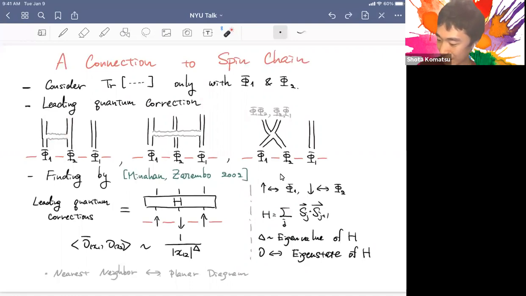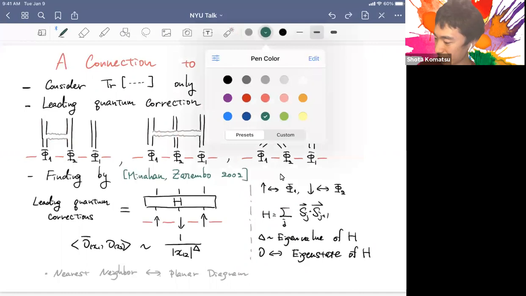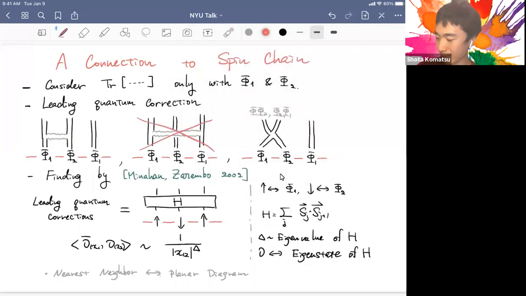And you might think that you can also draw this kind of diagram, but this diagram is not allowed because it's not a planar diagram, because of this crossing. So the other diagram that survives in the planar limit is this diagram, which comes from the contact interaction of these scalars.